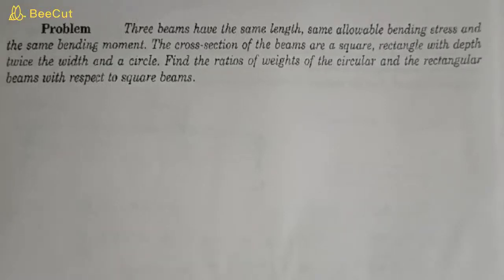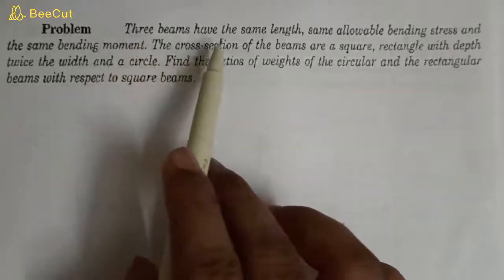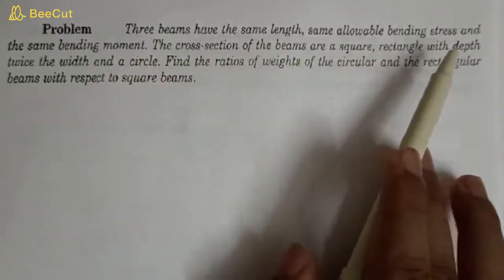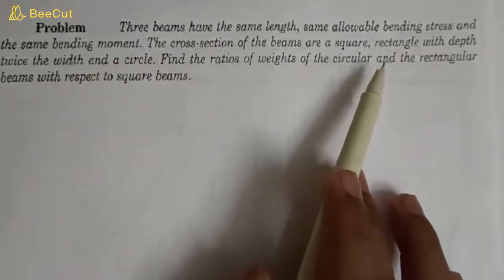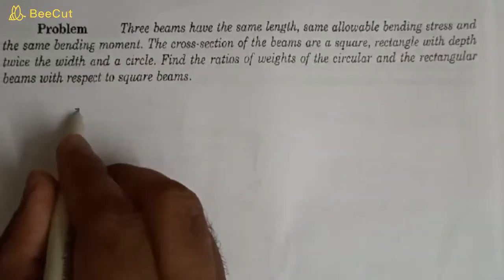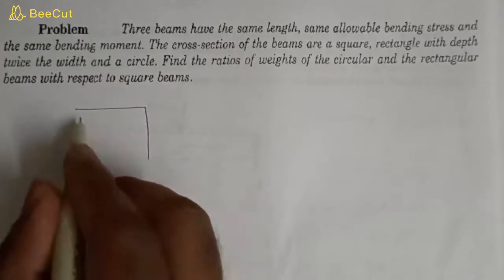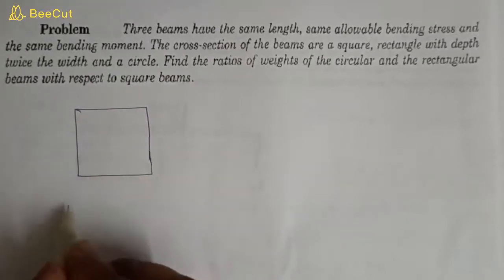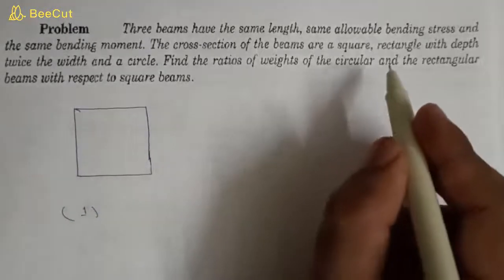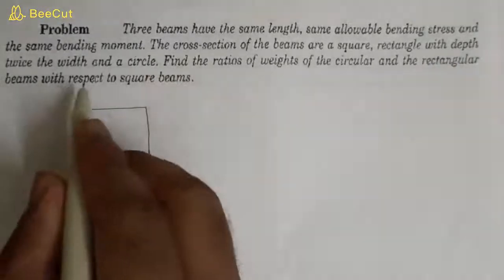So this is our next problem on the topic bending stresses in beams. We have a question like this. Three beams have the same length, same allowable bending stress and same bending moment. The cross sections of the beams are a square, let's draw it. First one is a square, and a rectangle with depth twice the width.